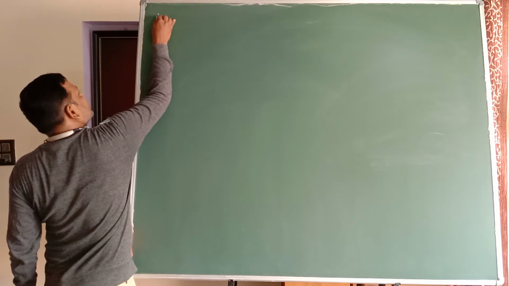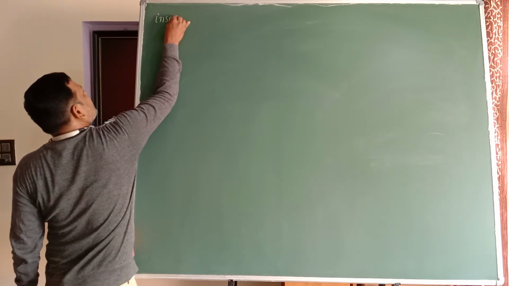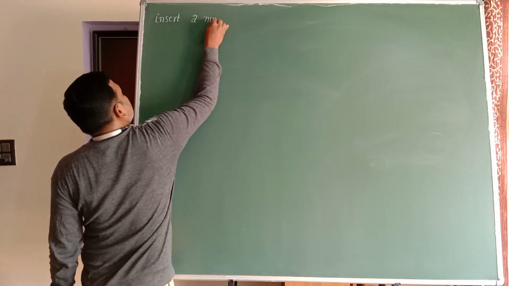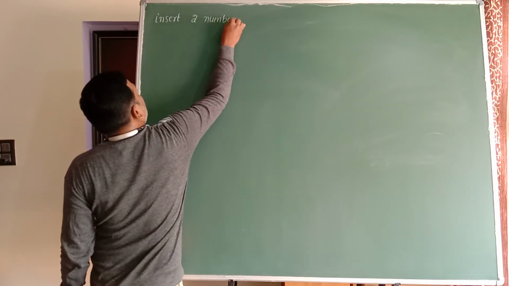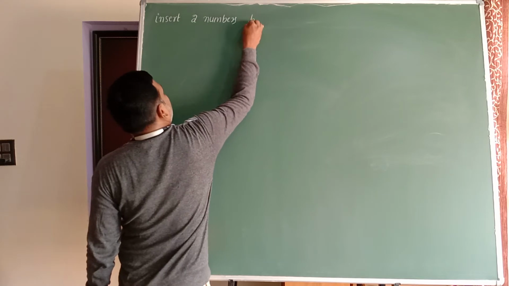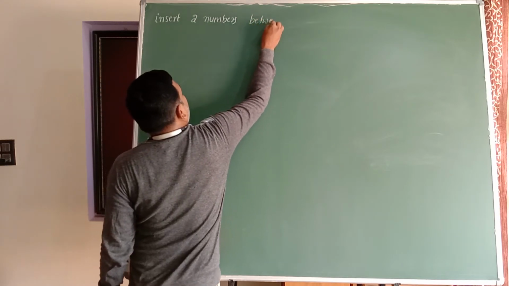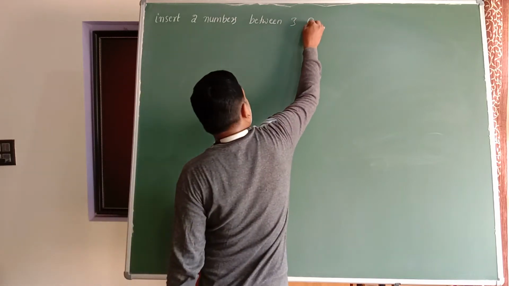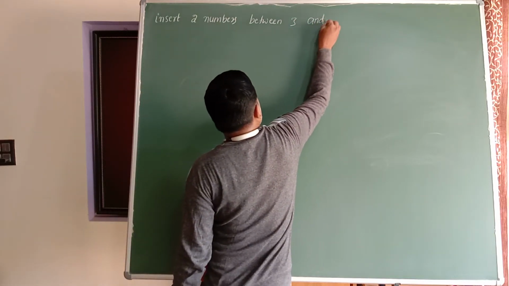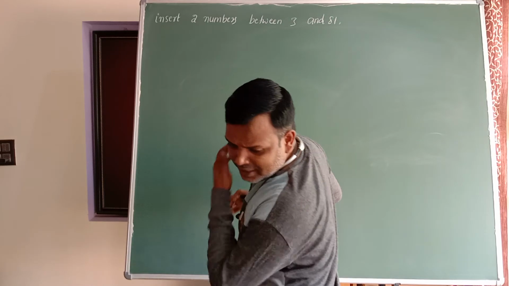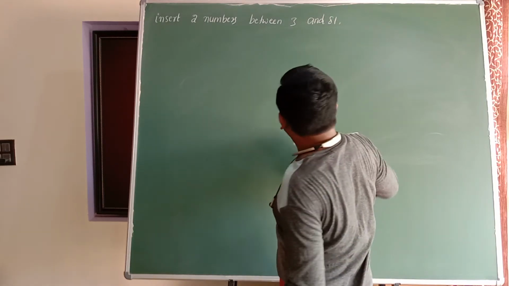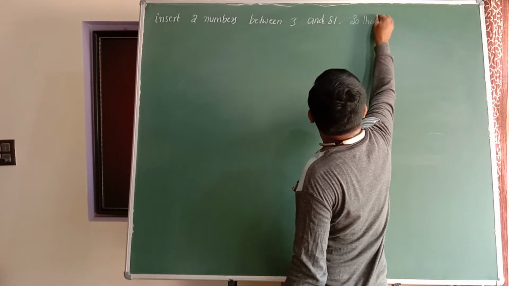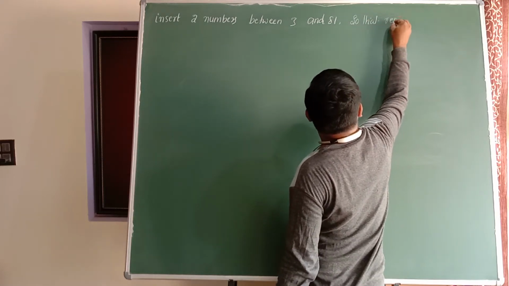Insert two numbers between 3 and 81 so that the resulting sequence is a GP.